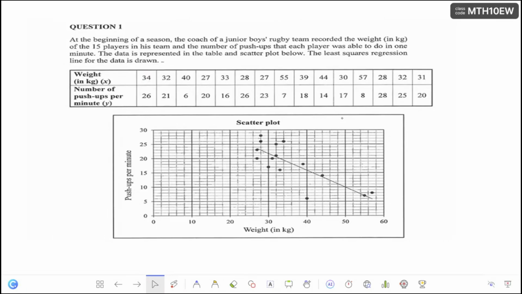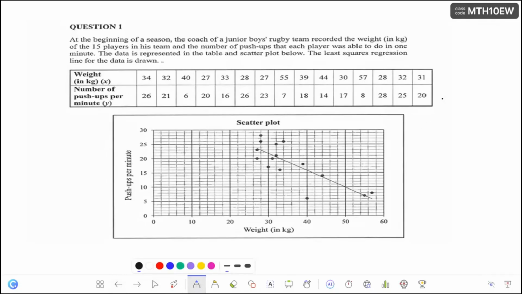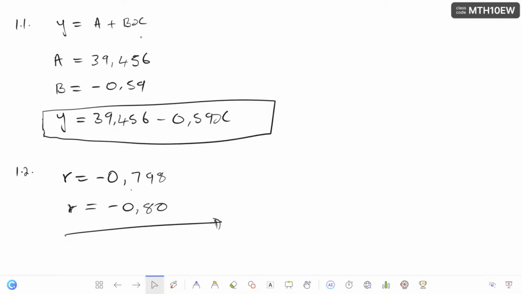Now they said we need to predict for a person who weighs 29 kg. You can see that 29 kg is X, so they want us to find our Y. You need to use your regression equation in order to predict the value of Y.